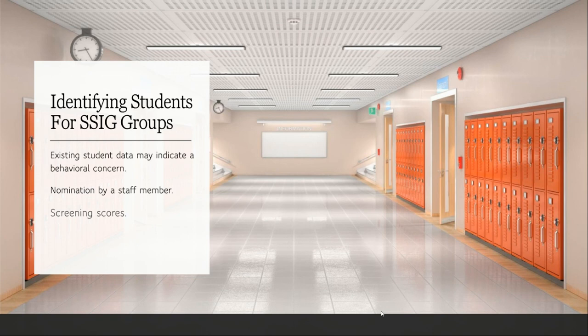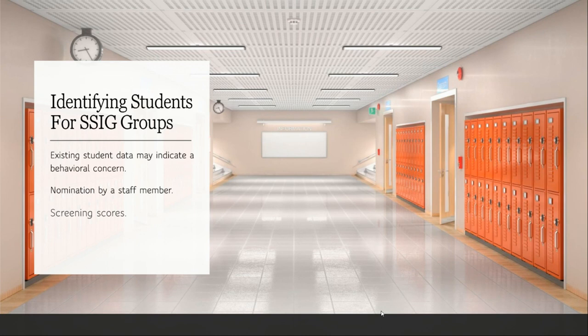Students can be identified using existing student data that may indicate a behavioral concern. So that could be looking at the student's attendance, their office discipline referrals, those classroom minor logs, and identifying behavior that may be happening in the classroom but may not warrant an office discipline referral.